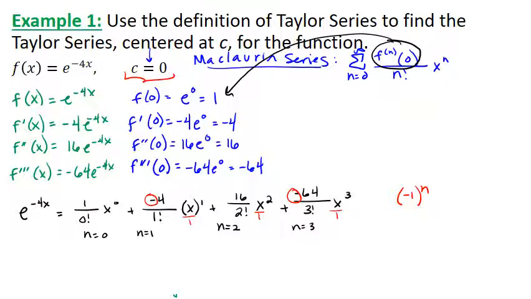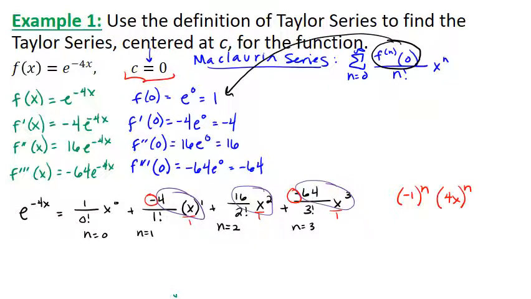Here we have 1, so if this is 4 to the power of 1, I get 4. 4 squared is 16. 4 cubed is 64. So what I'm finding is that if I have 4x to the power of n, I will end up getting this, this, this, so on and so forth.